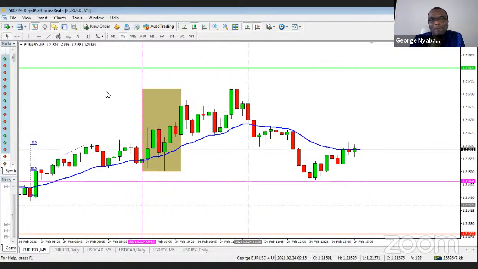So earlier on, when we spoke about this double top that was created, and that became the high of this particular session. And just above that, we have the high of yesterday. And we are within yesterday's trading range.